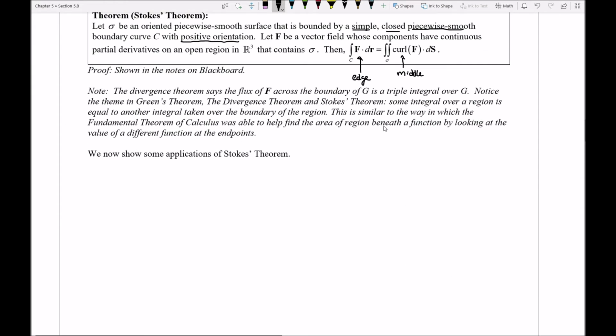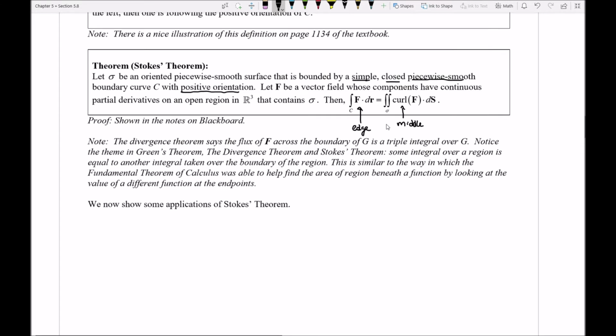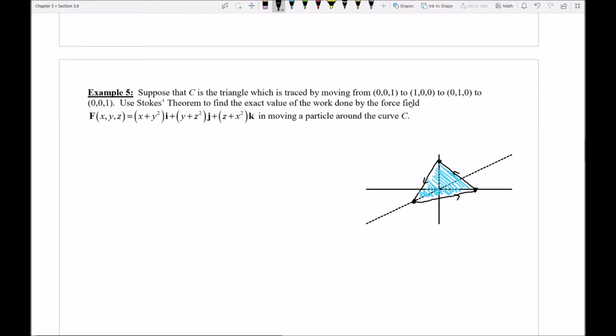Well, doing that would be 3 separate line integrals that would be a little bit difficult to work with. But instead, Stokes' theorem says you can go ahead and just set up this double integral, this surface integral that we have over here.